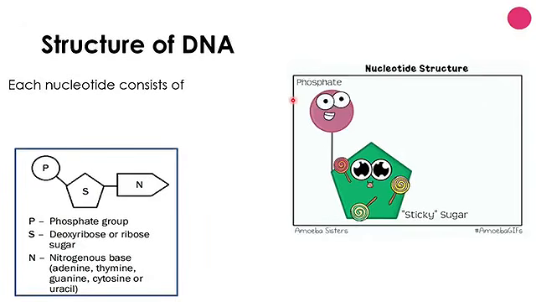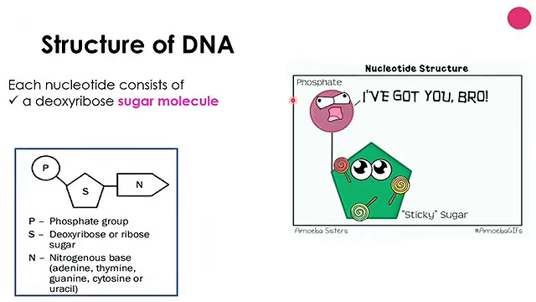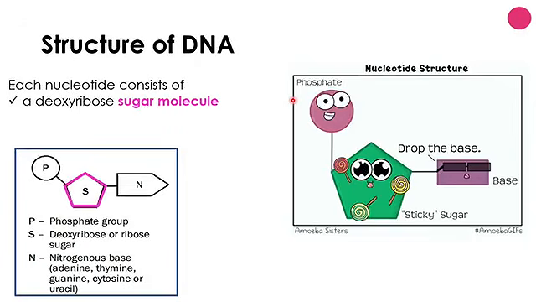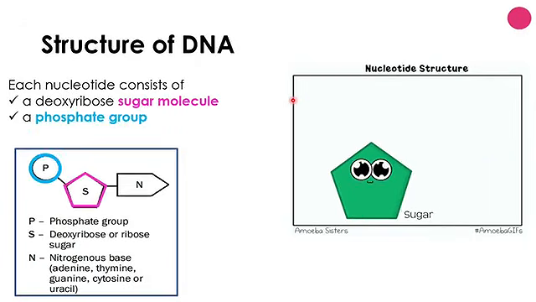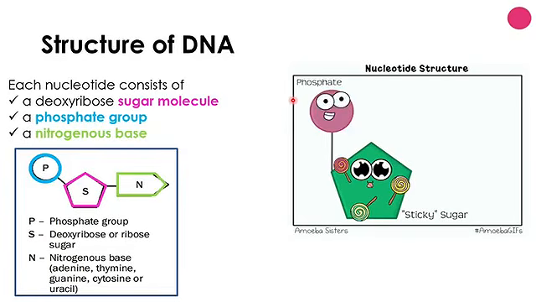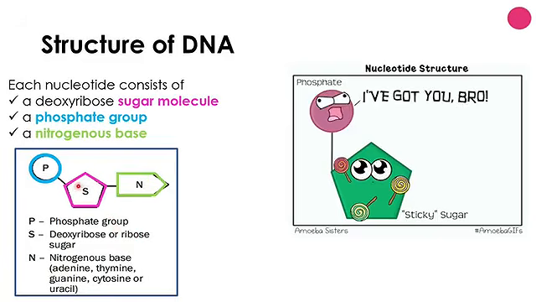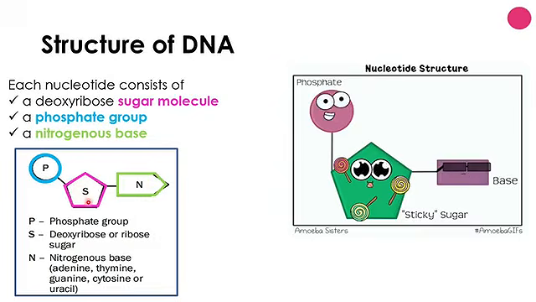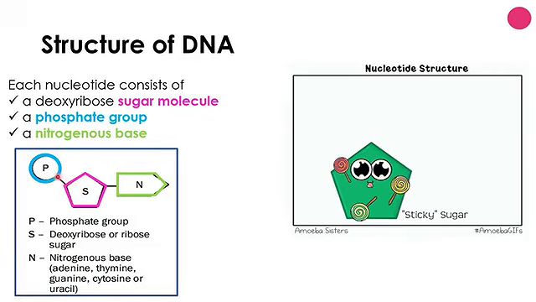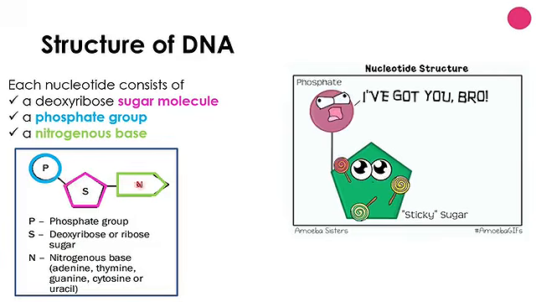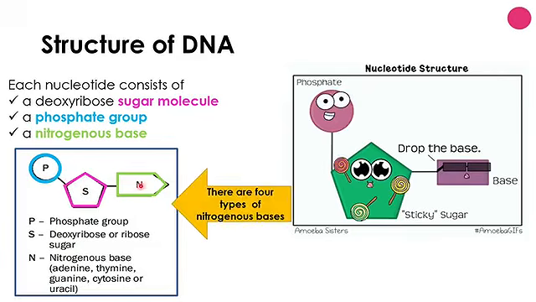So looking at this nucleotide, we have a sugar molecule, a phosphate group, and a nitrogenous base. For illustration purposes, the sugar is always represented by this pentagon structure, and then the sugar has two things attached to it, a phosphate on the one end and a nitrogenous base on the other end.